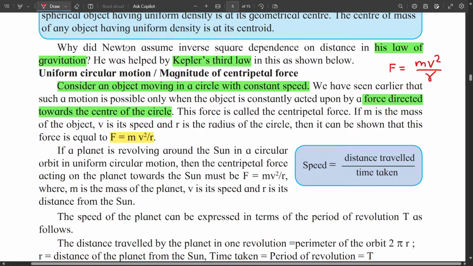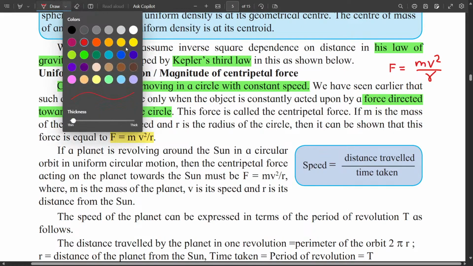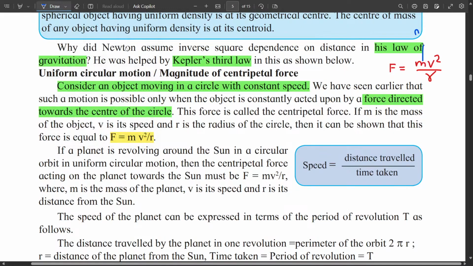So just remember F is equal to mv square upon r, where m is the mass of the planet which is revolving, v is the speed of the planet, and r is the radius of its orbit around the sun. F is the force which is necessary for continuation of the circular motion. So remember the formula, F is equal to mv square upon r.